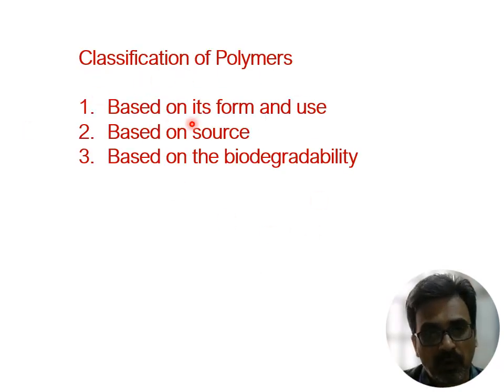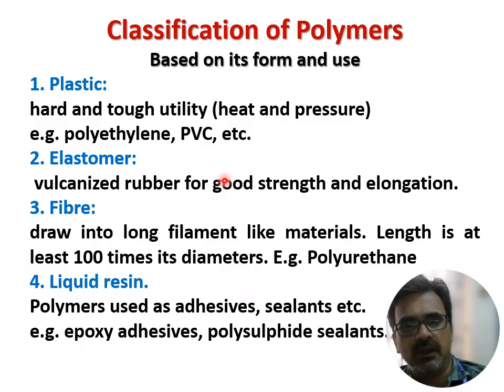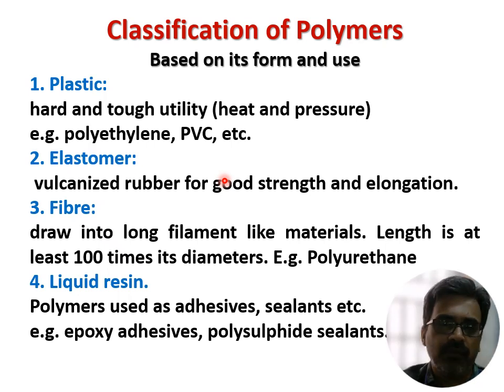We can classify polymers based on the form and use, source, or also based on biodegradability. Polymers based on the form and use, they are hard and tough depending on the utility. We refer to them as plastics. There are several, like polyethylene, polyvinyl chloride, and so on.